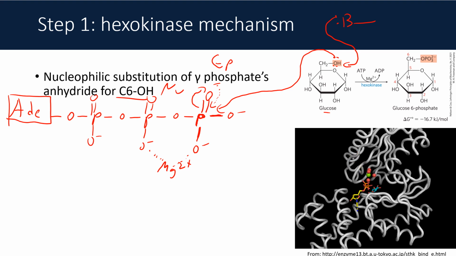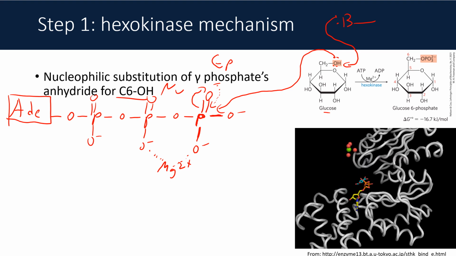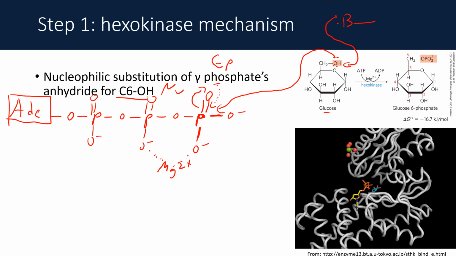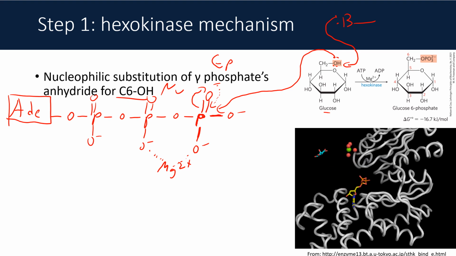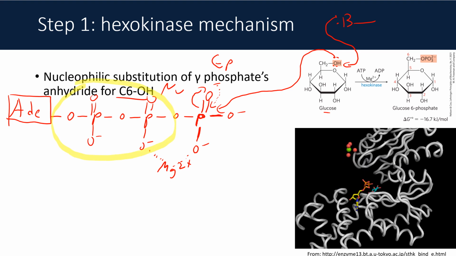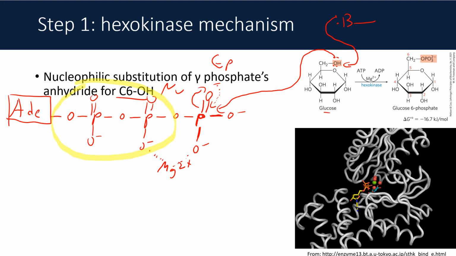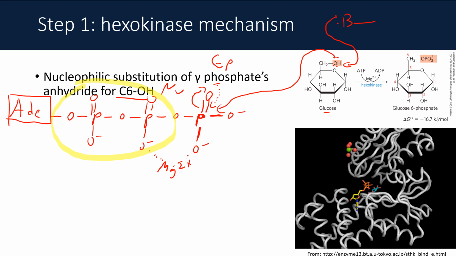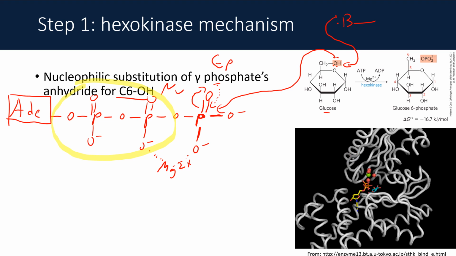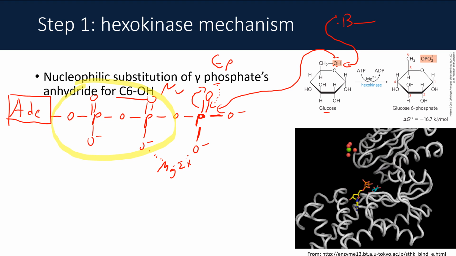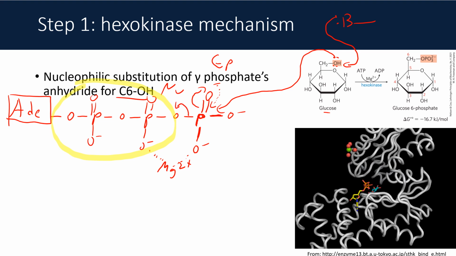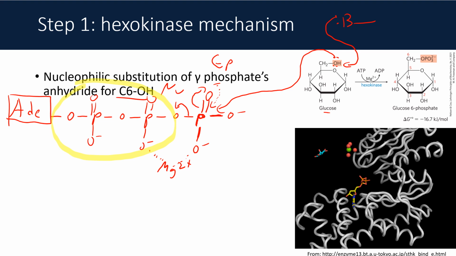You want to know what is a good leaving group? ADP, specifically the pyrophosphoryl moiety shown over here. If we break that apart, we will get a lot of resonance, which is good, very thermodynamically favorable, irreversible, that will drive this reaction forward. This is the bond that we break. And what happens when we break that bond?